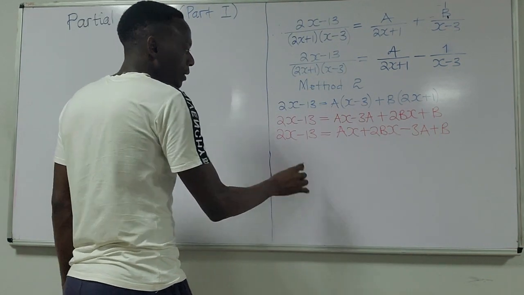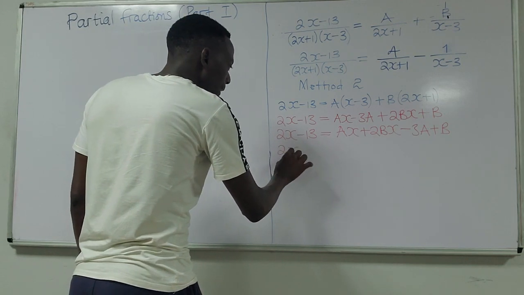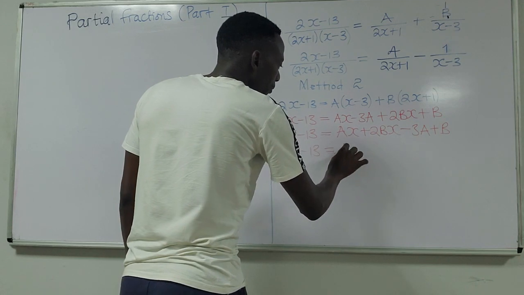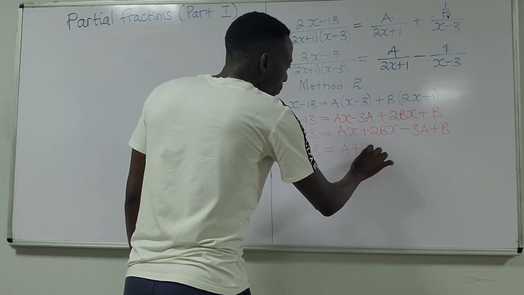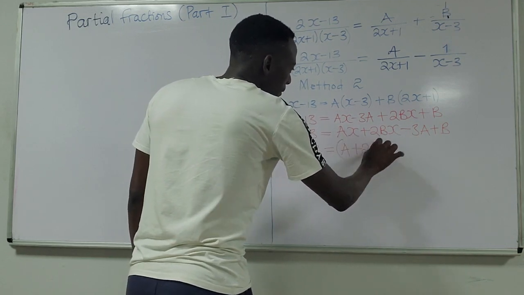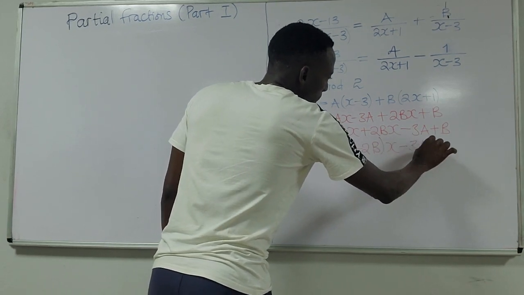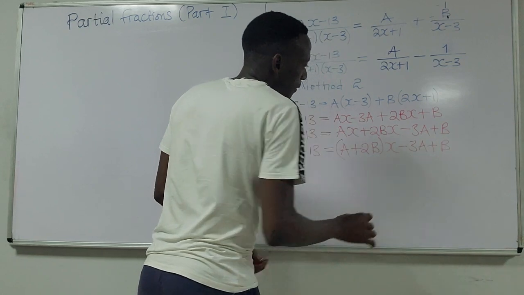We can see from here, we factor out what is common, x. We remain with a plus 2b, x, minus 3a plus b.